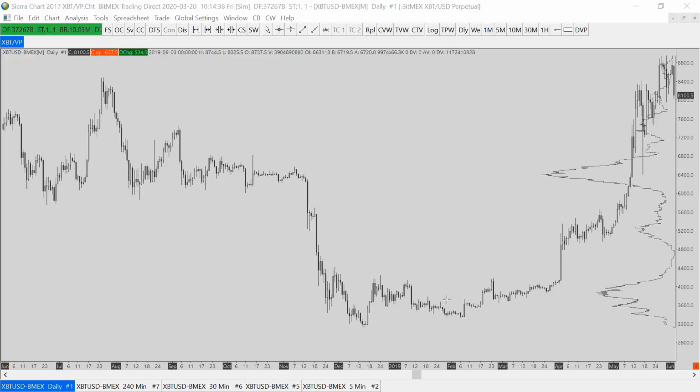And as I've explained, volatility is a function of liquidity. So if traders are willing to provide liquidity, price will get stuck. Okay.